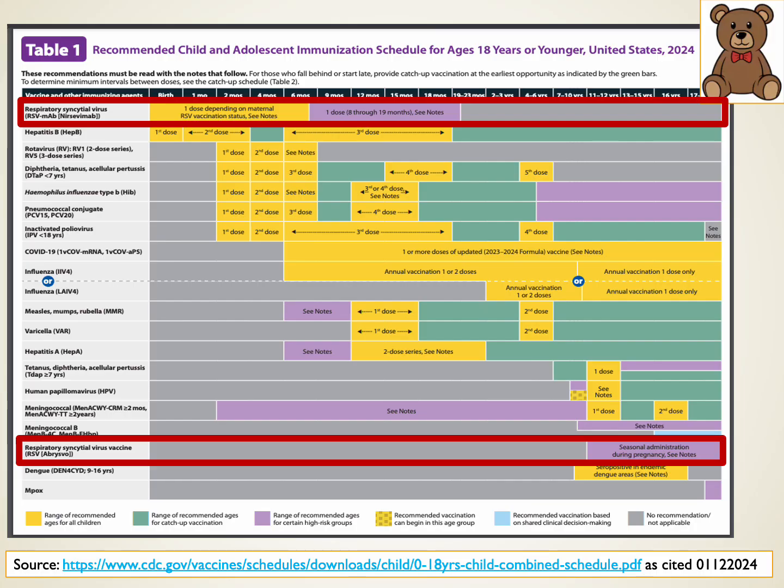For the schedule in RSV pediatrics, there are 2 RSV vaccines, both the adult version and the newborn version. So you want to be clear of which vaccine you're looking at for which population.